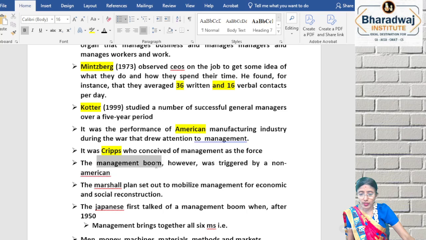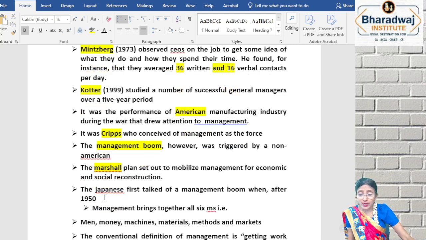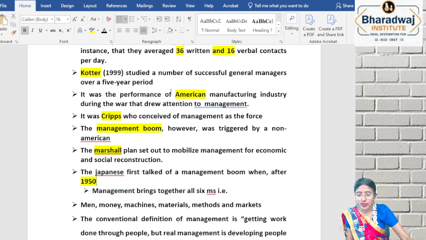This also you can have. Boom. Marshall Plan. Please note the name of the plan. It was set to mobilize management for economic and social reconstruction. See, Japanese talked about management only after 1950s, not previously. After 1950s. Okay, that's a year.